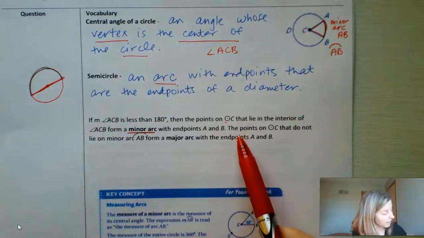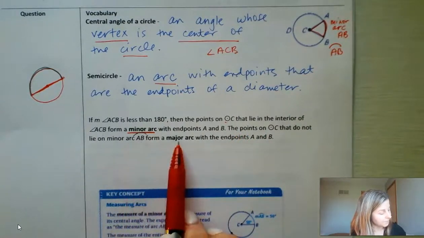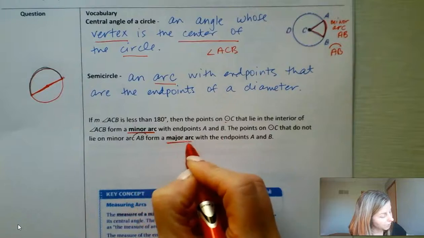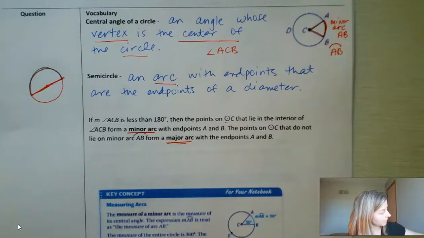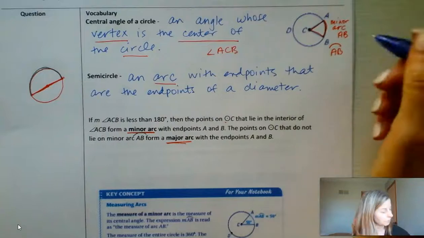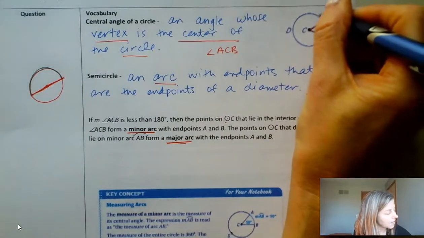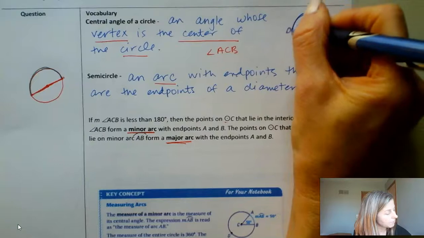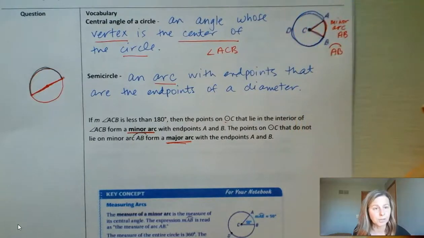The opposite of that: the points on C that do not lie on the minor arc AB form what's called a major arc. If I go the other direction, I'll use blue. If I go from A around through D and I stop at B, that's considered a major arc.